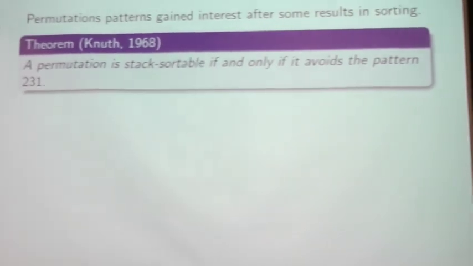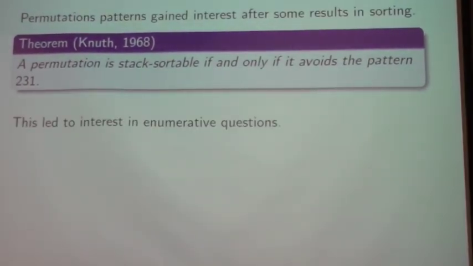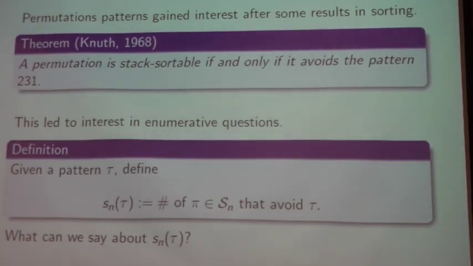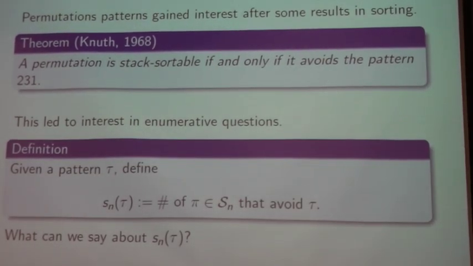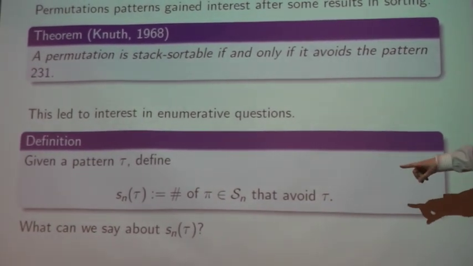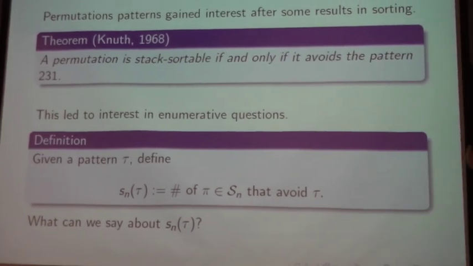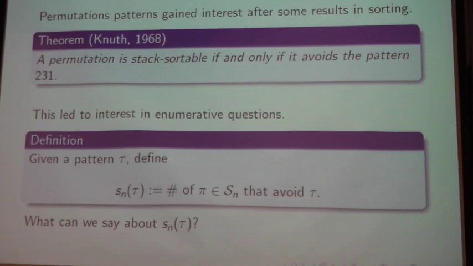But this naturally also leads to enumerative questions. For example, you might ask, how many permutations can you sort with different data structures? So I'll make that more precise. Given a pattern tau, I define Sn(tau) to be the number of length n permutations that avoid the classical pattern tau.